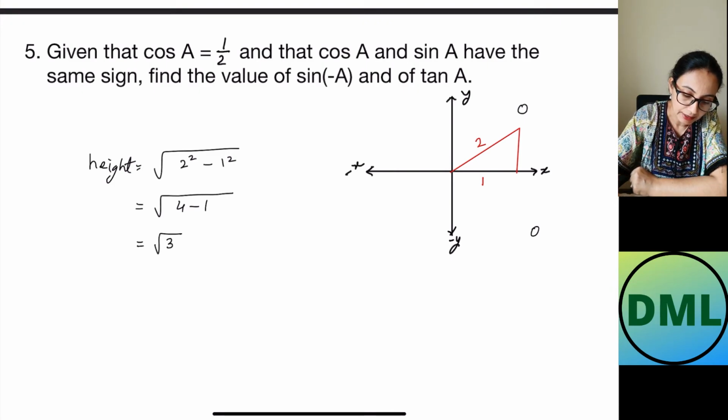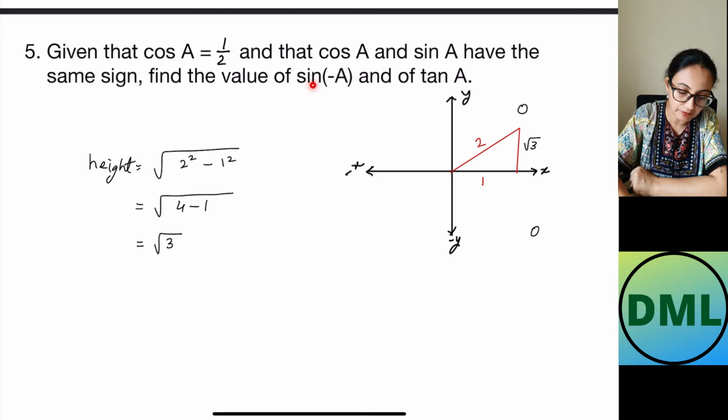That means the height is root 3. As we can see, the height is in the positive direction of the y-axis, so this is positive. x is in the positive direction, so this 1 is also positive and hypotenuse is always positive.